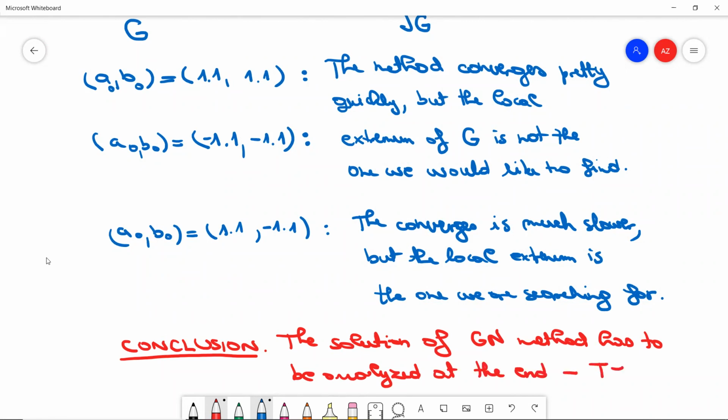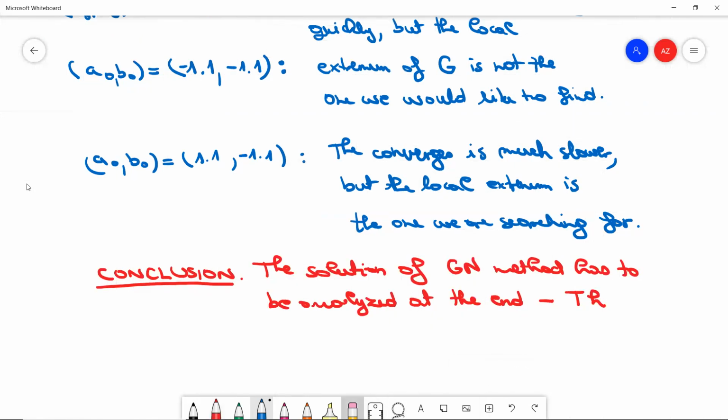So we have to answer the question, is the local extremum the proper one?